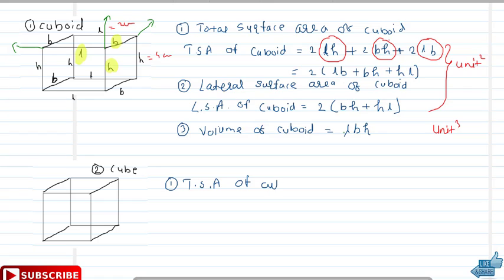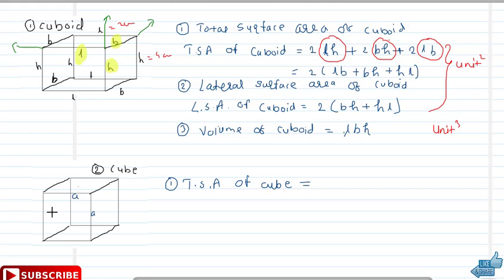TSA is the abbreviation for total surface area, which includes, now everyone knows that this is a square and the area of the square is nothing but side square, because all sides are equal. So if I say that this one is A, this one is A, this one is also A, means all are A here.